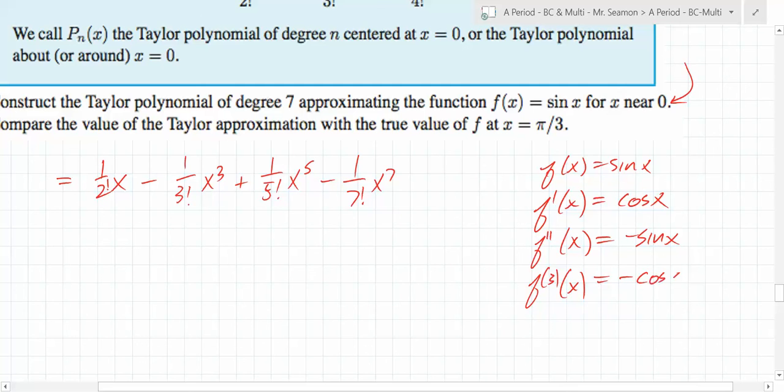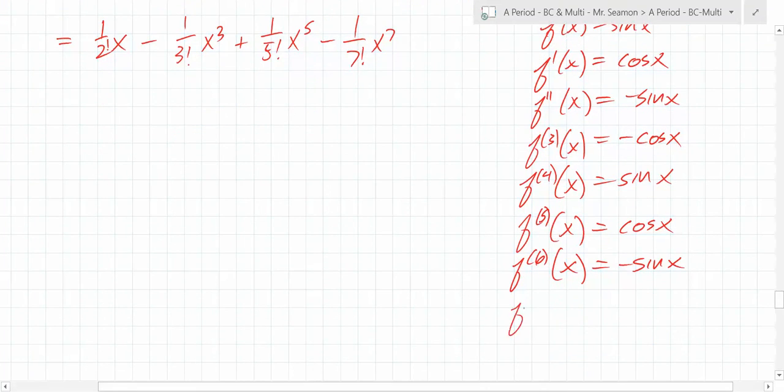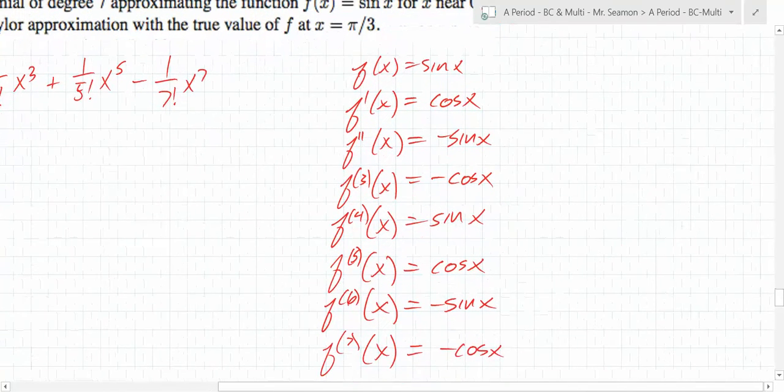Negative cosine x. f4, what's that? Sine x, and are we back to the beginning? So what you literally have to do first is write them out. It's super helpful. What's the most common thing people get wrong when they're writing these out? Positives and negatives, they make some small mistake. And what's the last one going to be here? Negative cosine x, right?